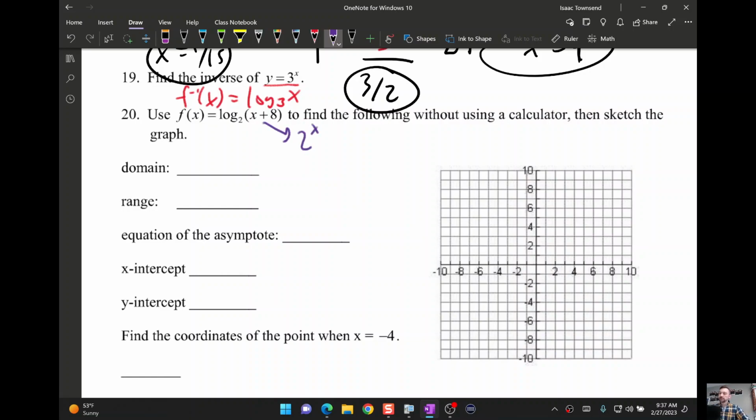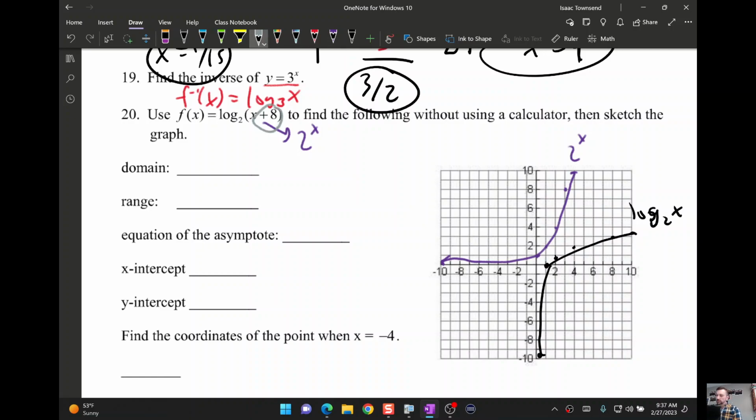So I personally would start off with 2 to the x again, just like I did on the other side. Graph it. Plot a few points. Switch x and y to get its inverse, which is log base 2 of x. And then I can just worry about transformation rules.